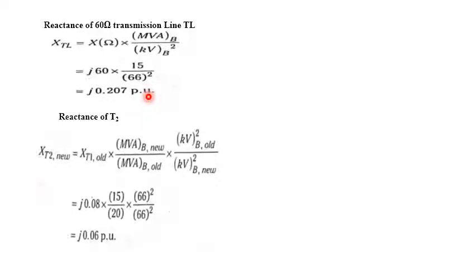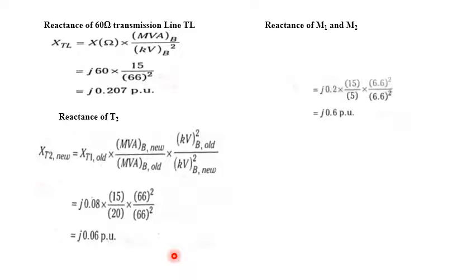Similarly for the transformer T2, the equation is the same. The new MVA is 15, and they have mentioned in the numerical 20. For the voltage rating side, again we are considering the HT section of the transformer T2, so it is 66. They have mentioned it in the numerical, and after doing the calculation also we got 66. 66 by 66, we got 0.06 per unit. Let's come to the motor.